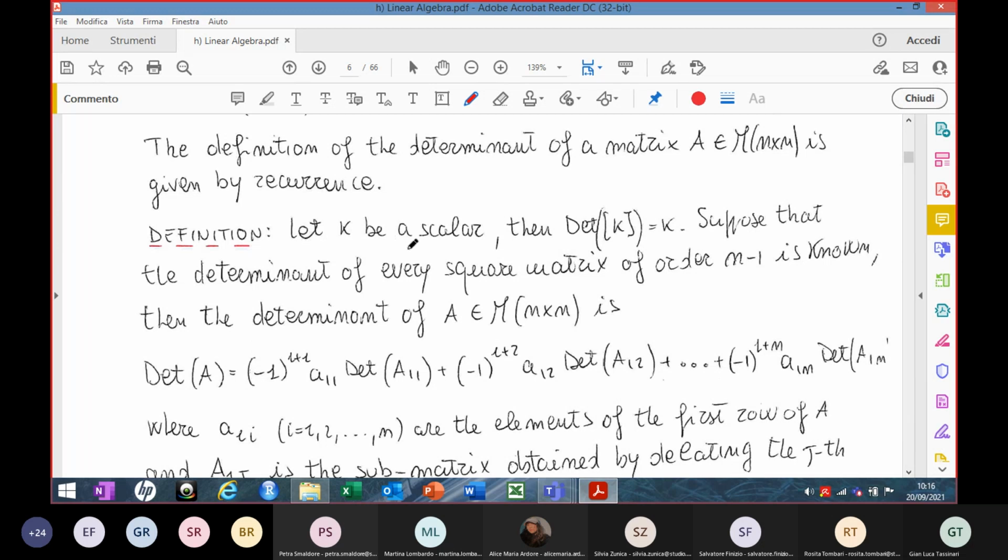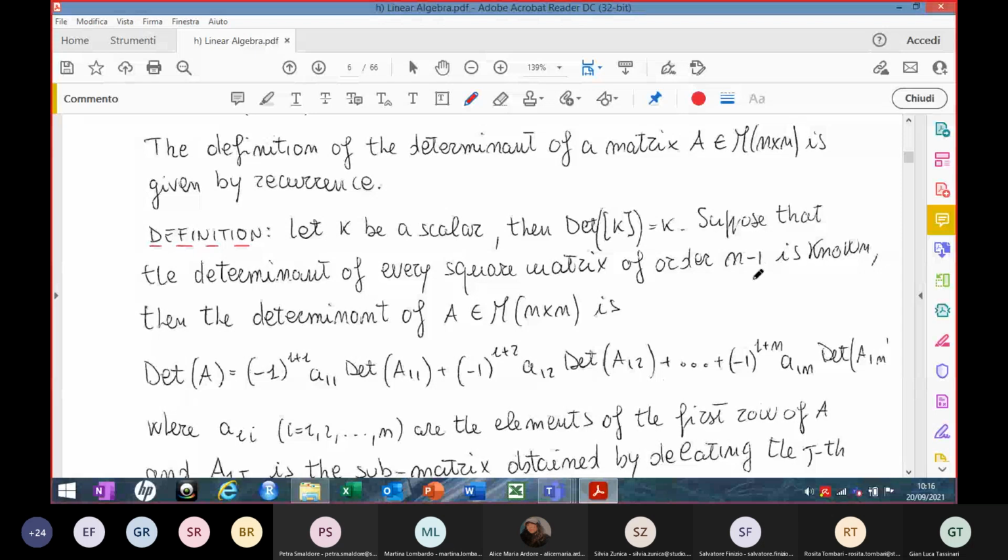So let K be a scalar. A scalar means a constant, a number, not a matrix. Then the determinant of K, this is the definition, is equal to K. So the determinant of a number is the number itself. Suppose that you are able to compute the determinant of every square matrix of order n-1. So you know the determinant of all the square matrices of order n-1.